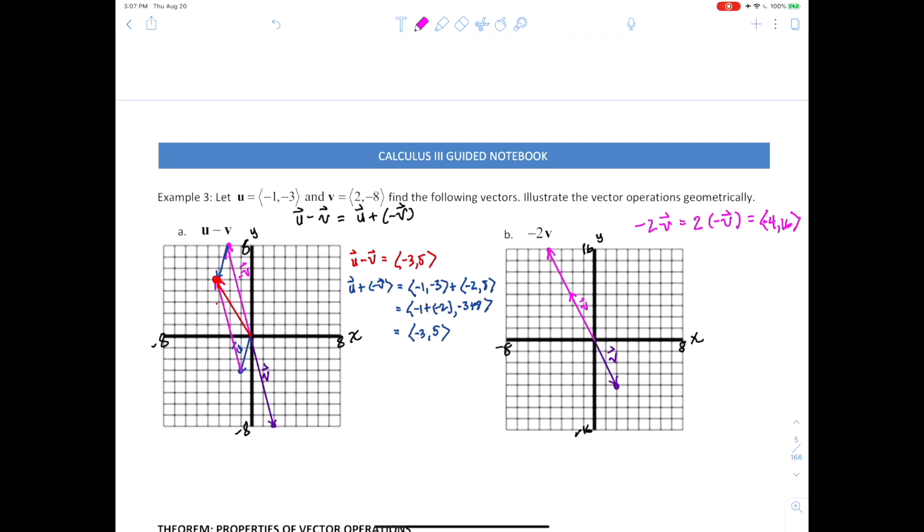Now, if we were to do this algebraically, -2 times V would be -2 times, what was V initially? 2, -8, so that's a negative sign, 2, -8. And that in turn would be -4, 16. Cool? All right, so there we go. We are done with this example. Everybody doing okay? Awesome.